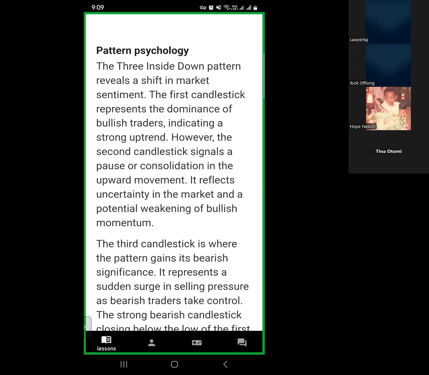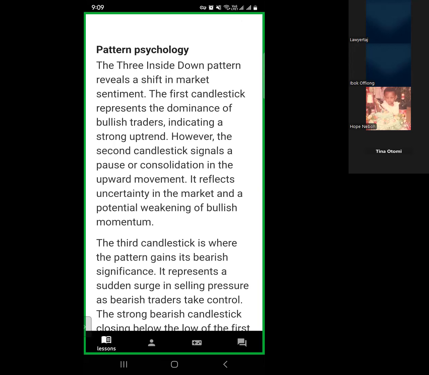Pattern psychology. The three inside down pattern reveals a shift in market sentiment. The first candlestick represents the dominance of the bullish traders, indicating a strong uptrend. However, the second candlestick signals a pause or consolidation in the upward movement. It reflects uncertainty in the market and a potential weakening of bullish momentum.